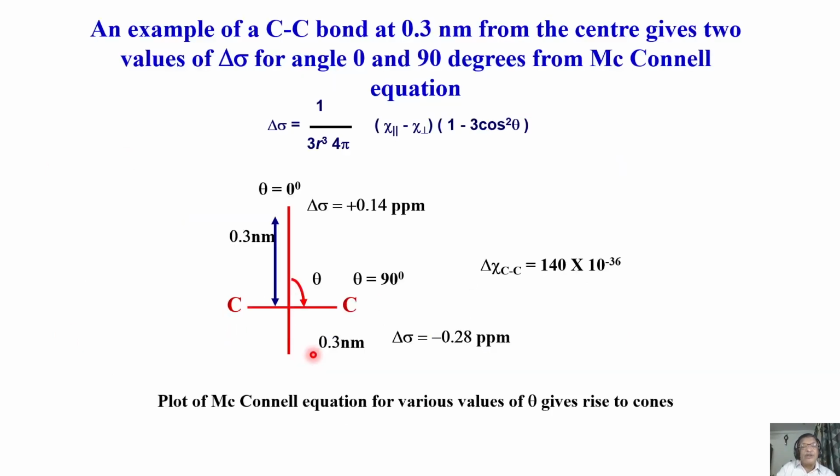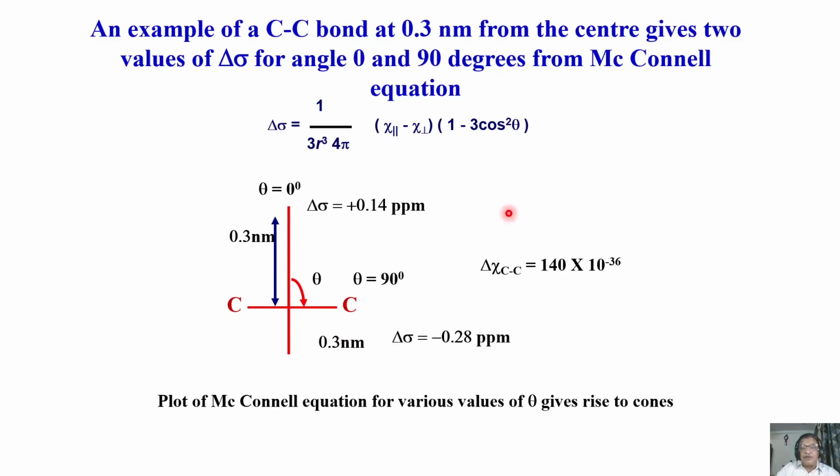Now, a simple example for a CC bond. If you are sitting, let us say, exactly above the CC bond at the center, 0.3 nanometer away at theta equal to 0 degrees, then delta sigma turns out to be 0.14 ppm. Whereas if you go along this CC bond, when theta is equal to 90 degrees, at the same 0.3 nanometer distance, delta sigma becomes minus 0.28.